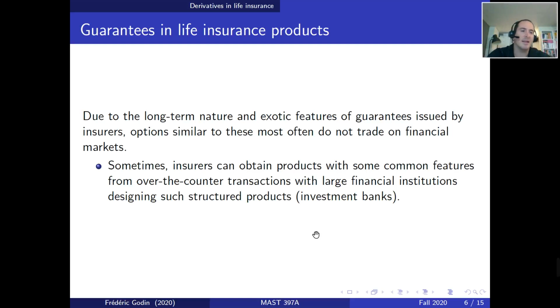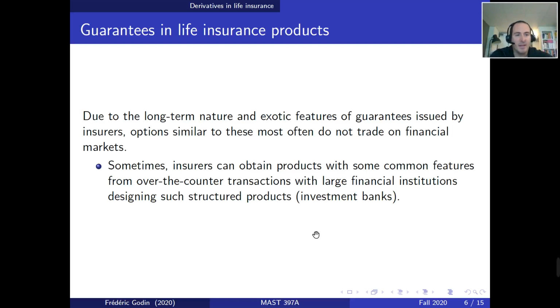So we see that guarantees embedded into life insurance contracts or annuities contracts are very atypical options, and you cannot just buy similar ones in a regular public options exchange.